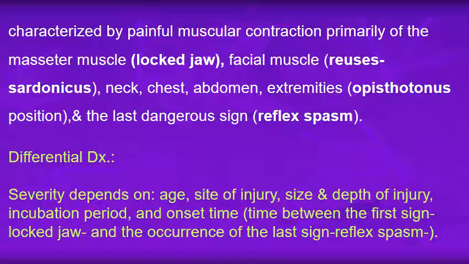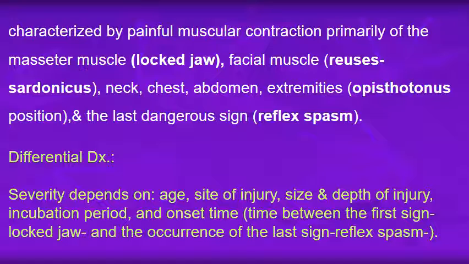Then the spasm will go, as you see, from up to down. So from the face to the neck, to the chest, abdomen, and then at last to the extremities, causing opisthotonus position.